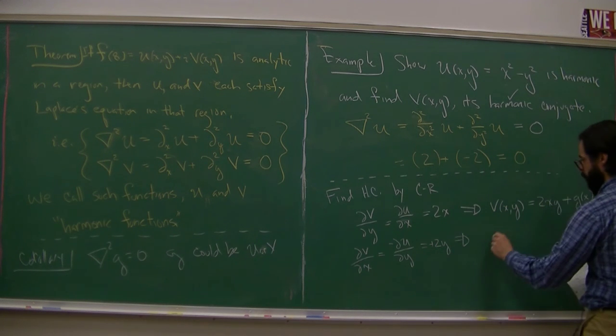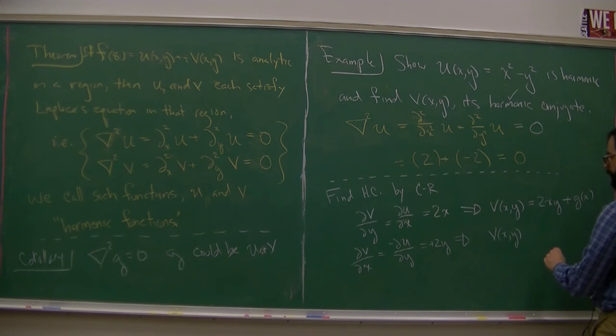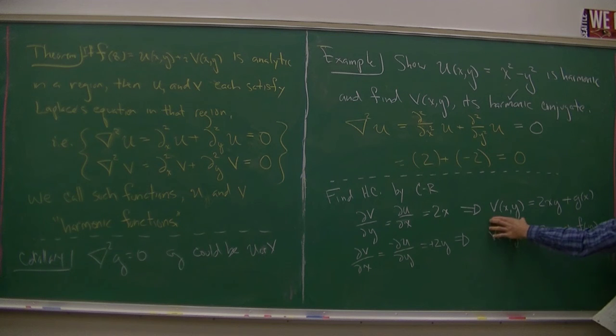And that therefore implies dv dx, or v of x and y, is equal to 2xy plus some other function f of y, right? So the partial with respect to x would have destroyed any function of y only. Okay, and then this is v of x and y, this is v of x and y.